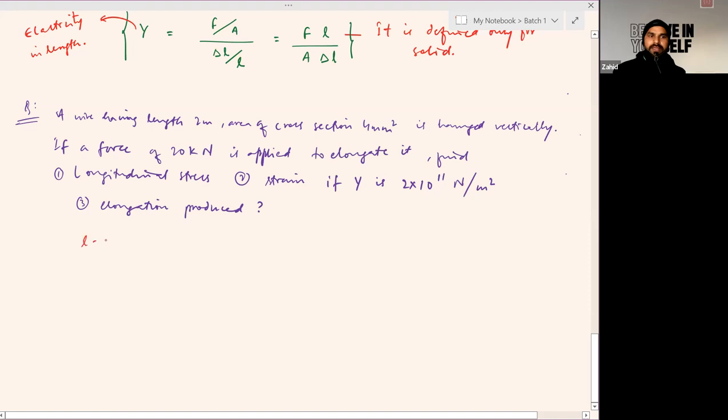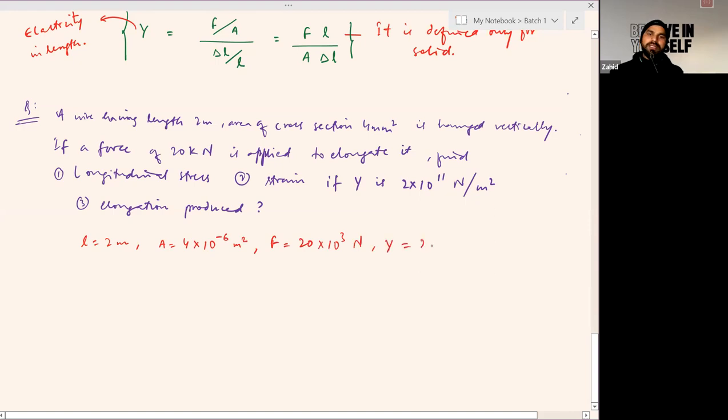Let's say we have length as 2 meters. Area of cross section is 4 mm squared, so to convert it into meters, multiply it by 10 to the power minus 6. Force is 20 kilonewton, which is not an SI unit, so multiply it by 10 to the power 3 to convert it into Newton.